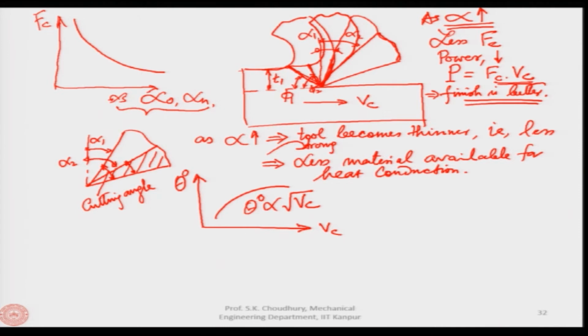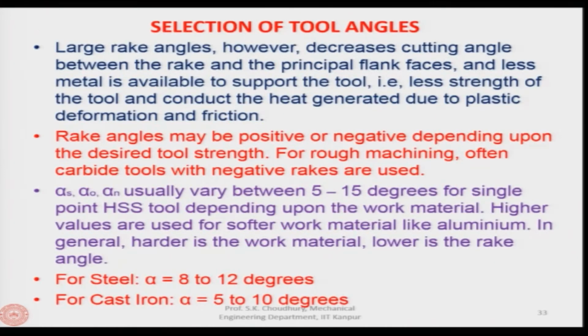Let us say this cutting angle initially was alpha 1, and it is less for the larger value of alpha, that is alpha 2, and less metal is available to support the tool. As I said, to support the tool means to make the tool stronger. With less metal available, the tool becomes thinner, its strength becomes less, and it has less capacity to conduct the heat generated due to plastic deformation and friction.